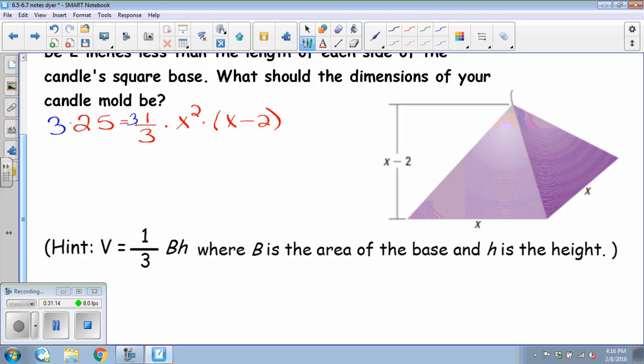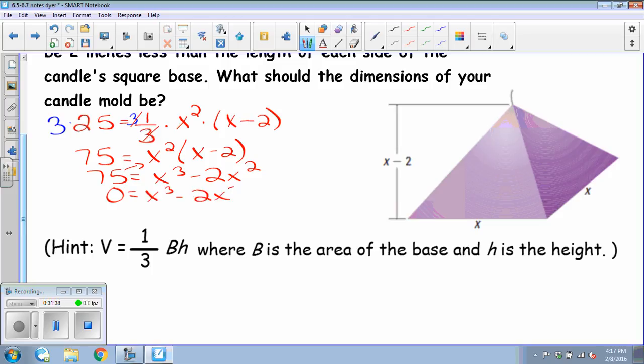So I end up with 75 equals, well, all of this cancels, so that's just x squared times x minus 2. We distribute the x squared, and you get 75 equals x to the third minus 2x squared. Then if we're setting it equal to 0, we have to take 75 and bring it over there. So 0 equals x to the third minus 2x squared minus 75.